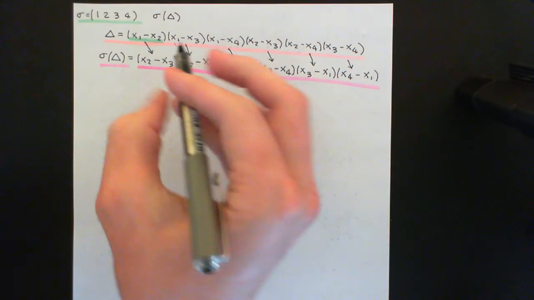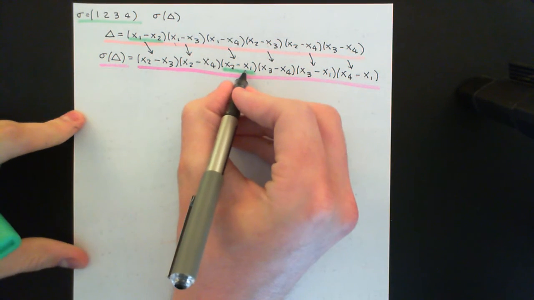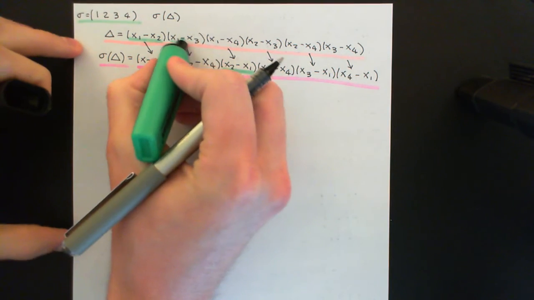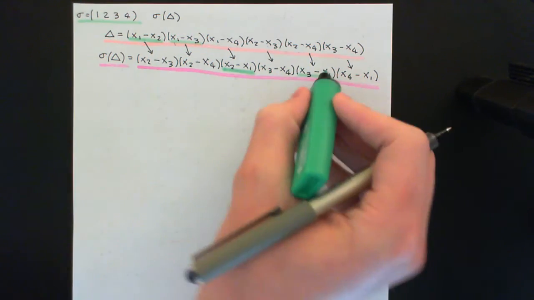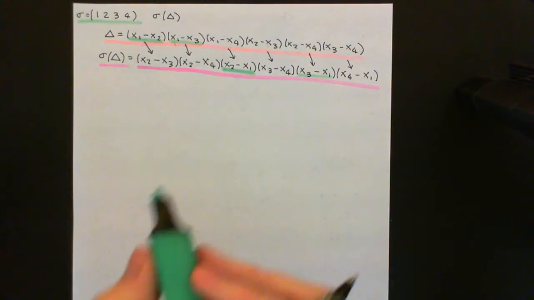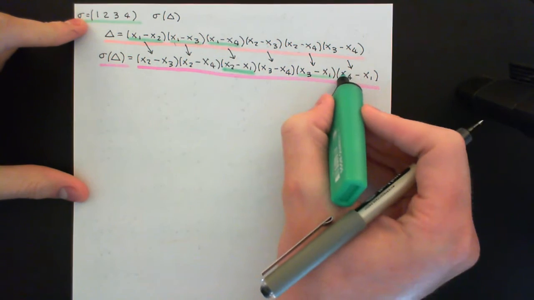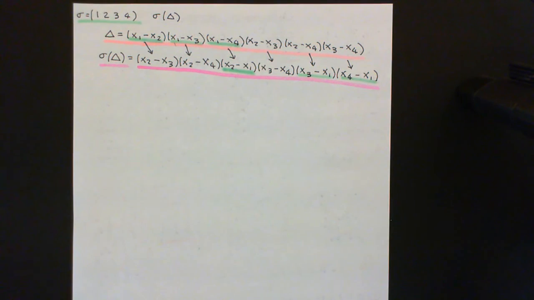So what I could actually imagine doing is pulling negative 1 out of this, and then turning that back into x1 minus x2. Okay, this one here, x1 minus x3, here is x3 minus x1, so again, pull the negative 1 out, turn that back into x1 minus x3, and that one's still present there. Okay, look at this one here, x1 minus x4, there's x4 minus x1 over here. Again, pull out a negative 1 and you can return that to x1 minus x4.